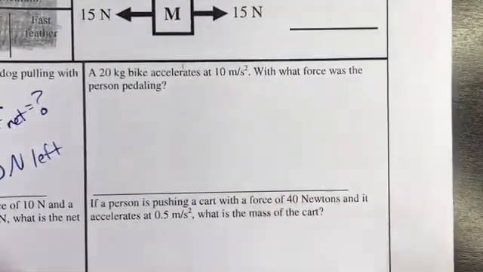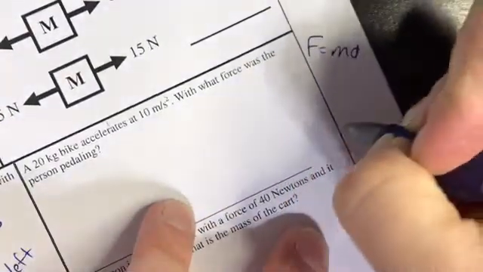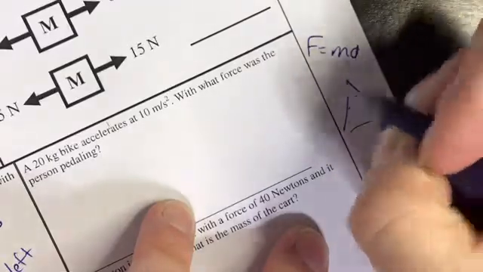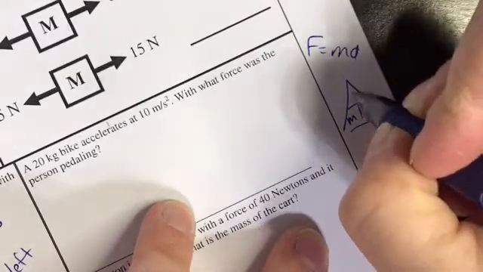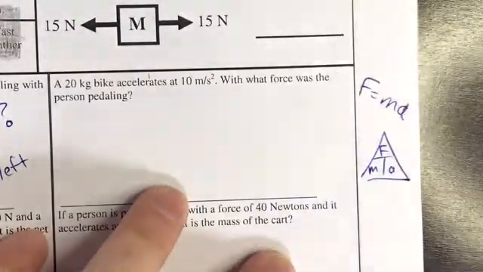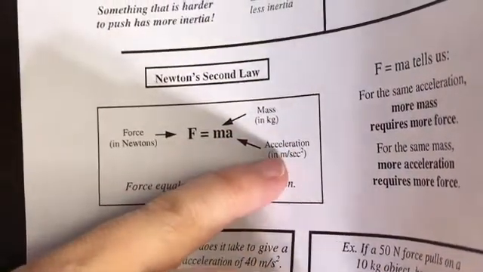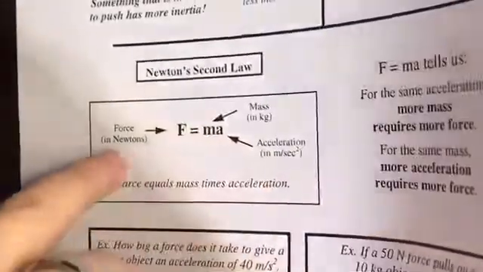Over here, simple problem-solving process. Use your formula, F equals ma. If you need to rearrange that, there's your triangle. M and A are side by side. F is on top. Problem-solving process. Don't forget your units of measure if you need to. Always consult back to the front. On the front side here, it shows the formula. Units of measure for mass in kilograms. Units of measure for acceleration, meters per second squared.